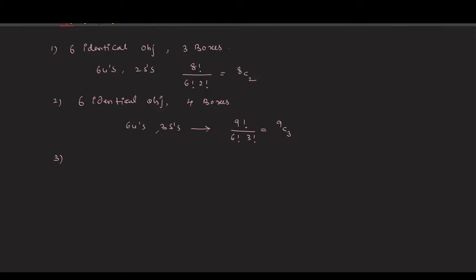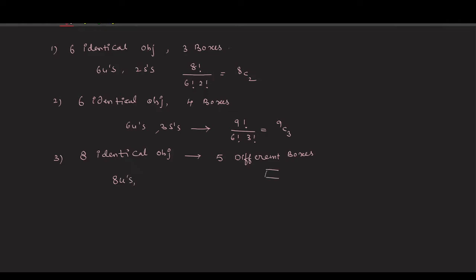Suppose you have 8 identical objects and you have 5 different boxes. In this case, to distribute 8 identical objects, you can think of 8 U's. And how many separation symbols do we need?